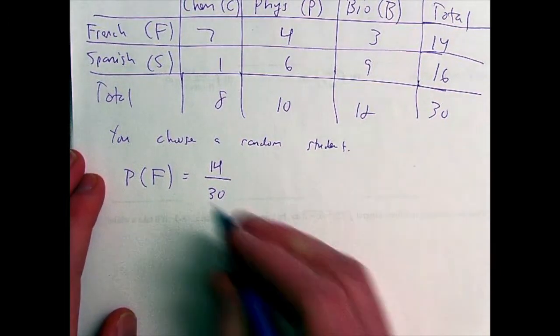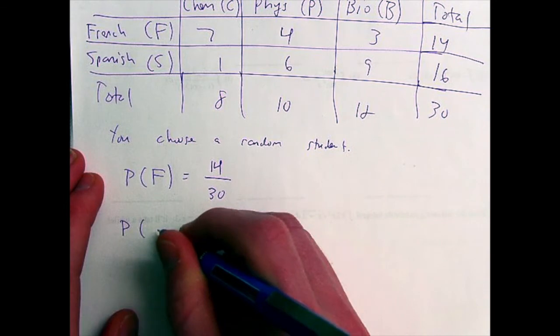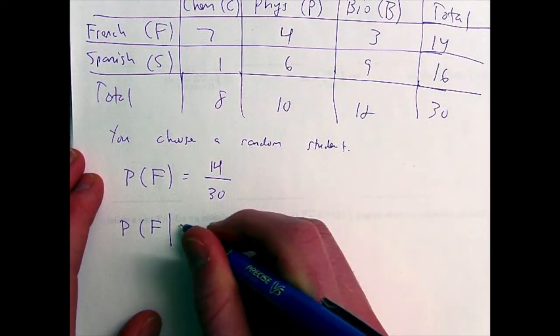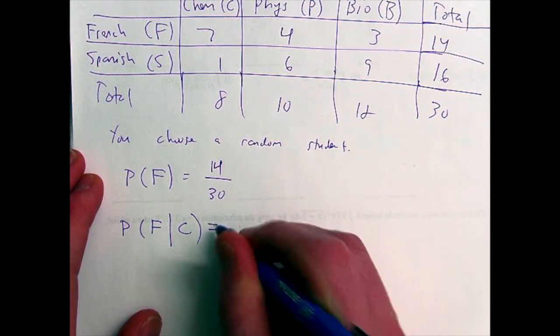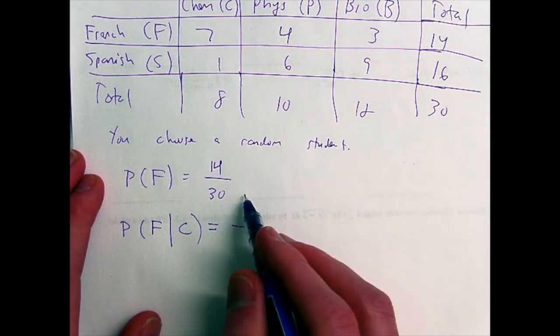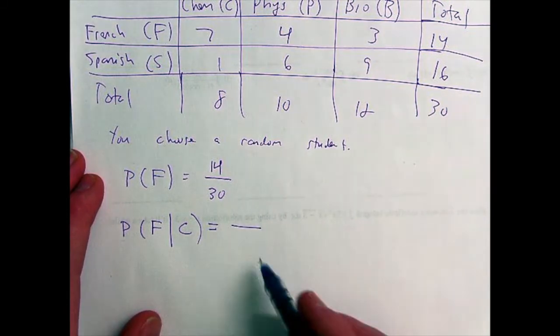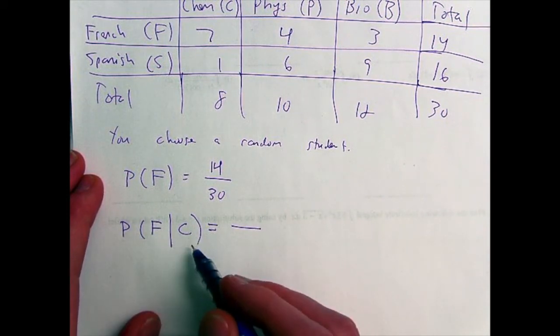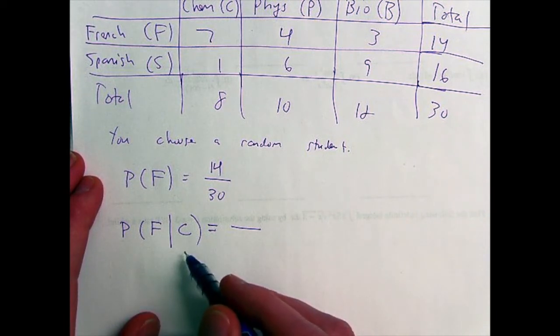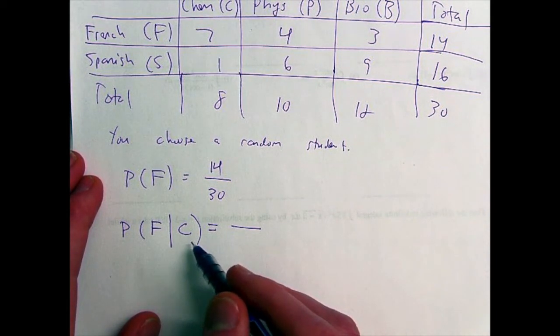How about the probability that the student studies French given the fact that they study chemistry? Now, how does this given chemistry thing change our answer here? Well, what we're doing now is we are assuming that they study chemistry. We are restricting our attention only to the students who study chemistry.